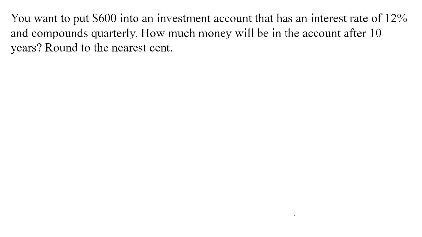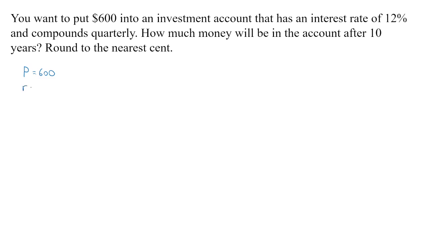You want to put $600 into an investment account that has an interest rate of 12% and compounds quarterly. How much money will be in the account after 10 years? And now you're going to round it to the nearest cent. Well, let's see what we know. We know P is 600.